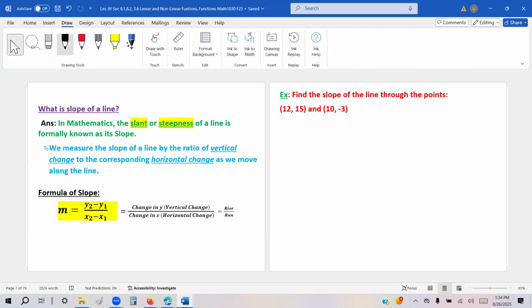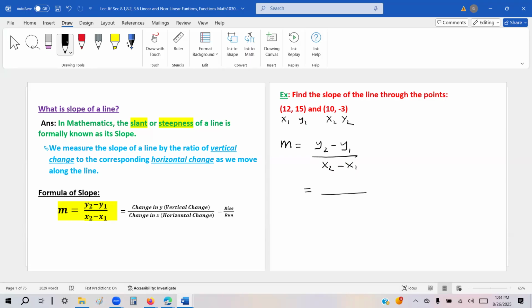So we have slope is y2 minus y1 divided by x2 minus x1. One of the points, let's say the first one is x1, y1, and the second point is x2, y2. So what is supposed to write?